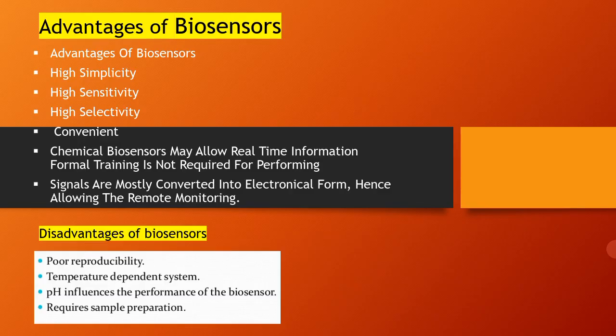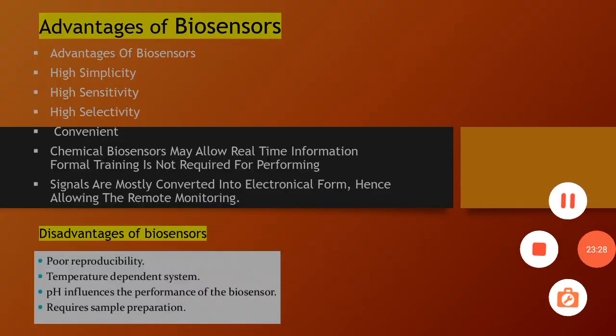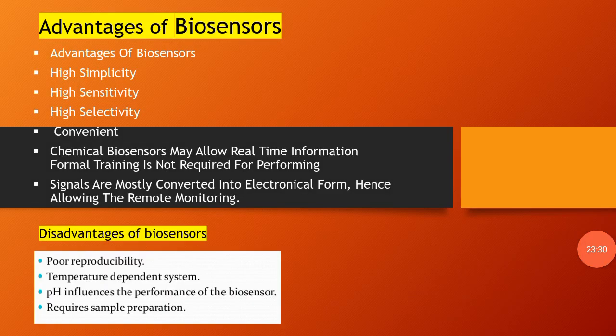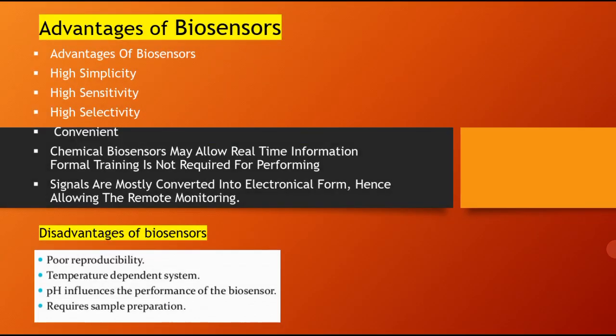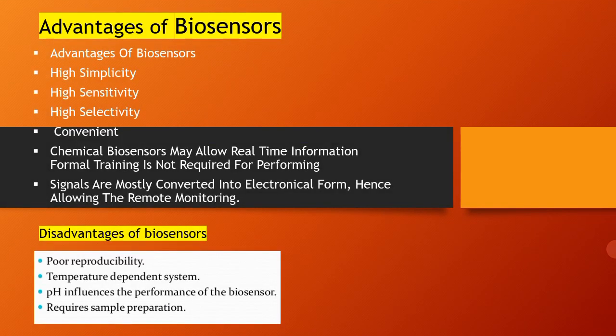Now we will see the advantages of these biosensors. As I mentioned earlier, these are simple for processing, with high sensitivity and high selectivity. These are convenient, cheap, efficient, and time saving, right?